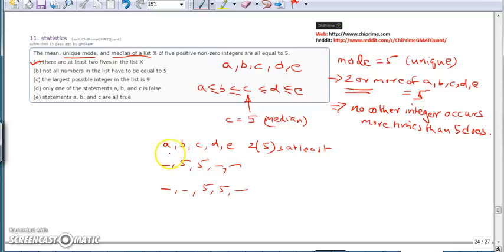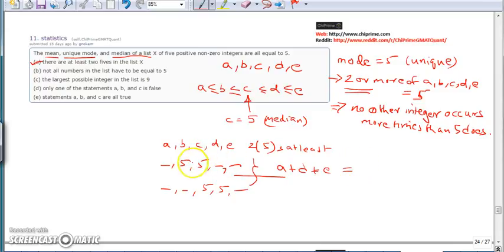Okay, so now let's see what other numbers we can fit in. Since the mean of these 5 numbers is also equal to 5, in the first case, the mean of A plus D plus E should be equal to 5.